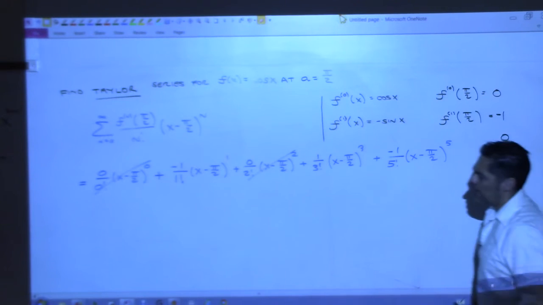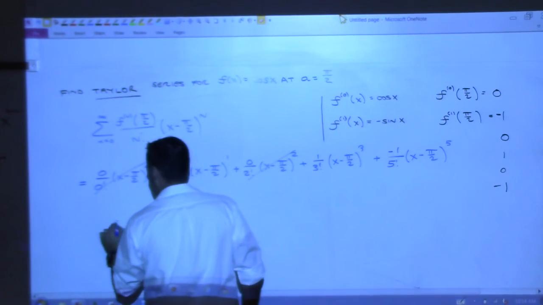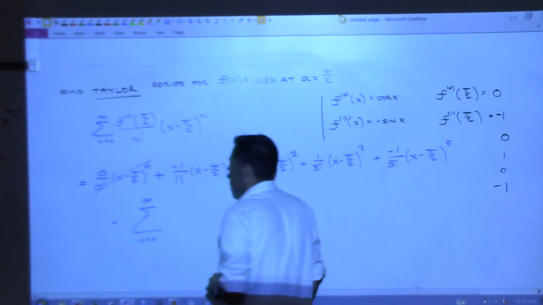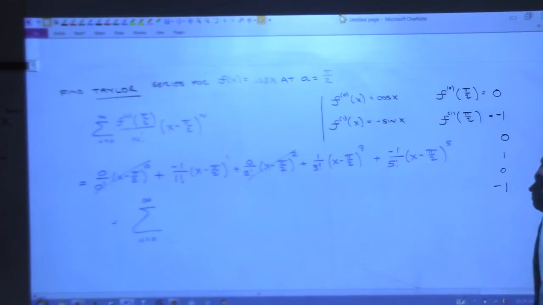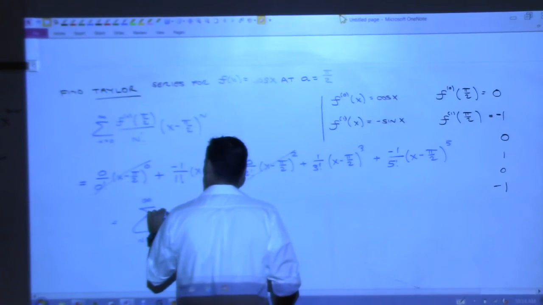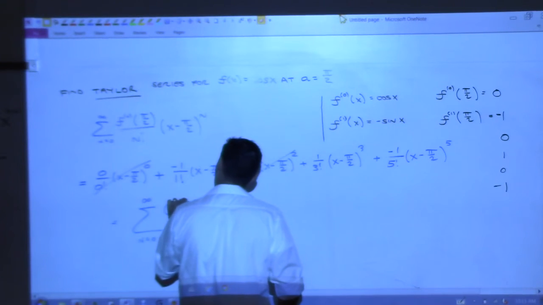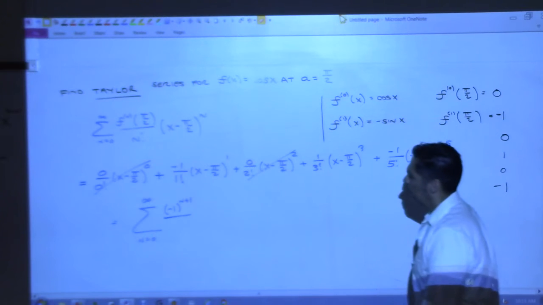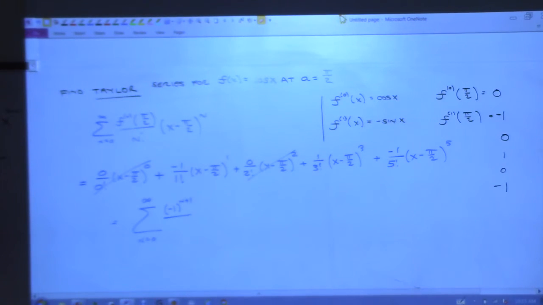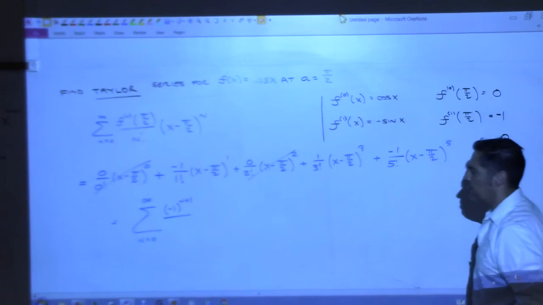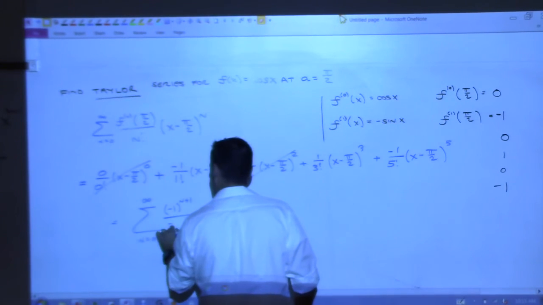All right, let's see if we can write this as a formula, as a summation. Sum n equals 0 to infinity. It alternates, doesn't it? But where does it start? A negative. So for this one, I do need negative 1 to the n plus 1 over. What are my factorials on the bottom? 1, 3, 5, right? So 2n plus 1 factorial.